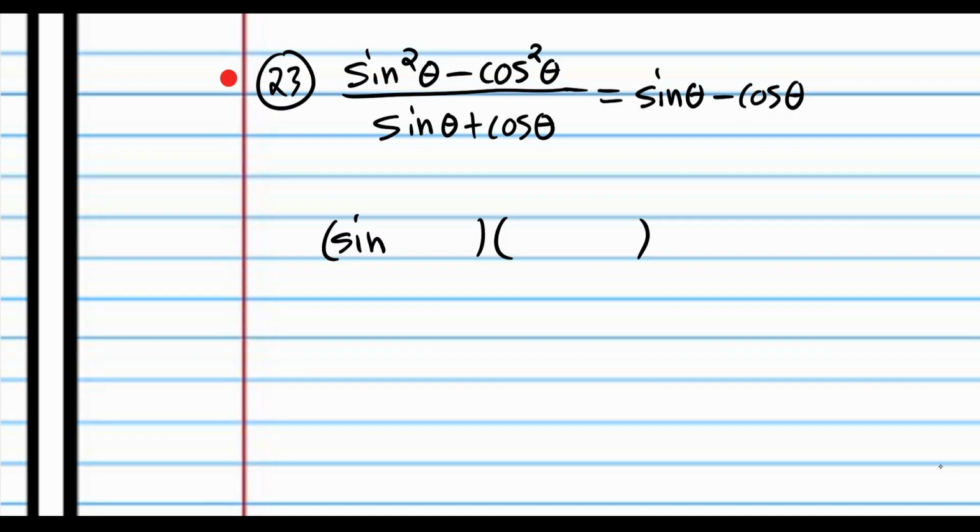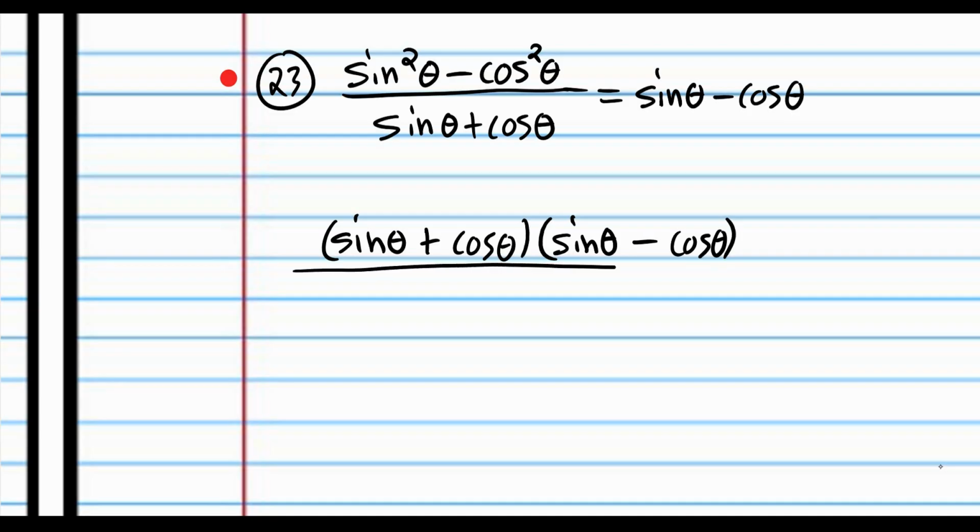Well, that's just sine theta. What expression times itself is equal to cosine squared theta? Well, that's just cosine theta. And then we write a plus and a minus symbol.